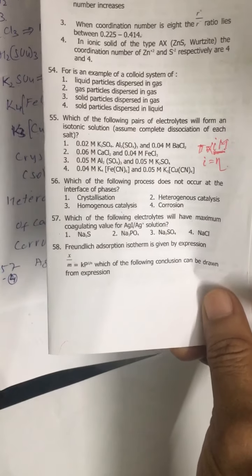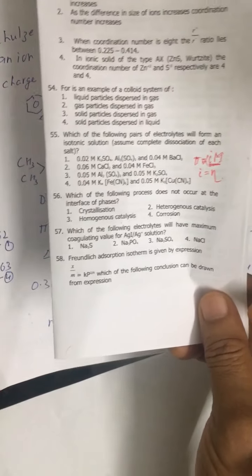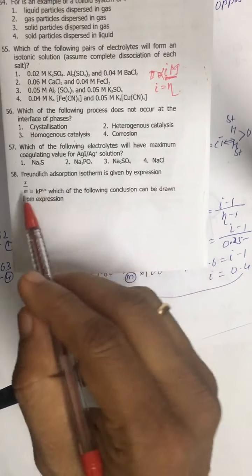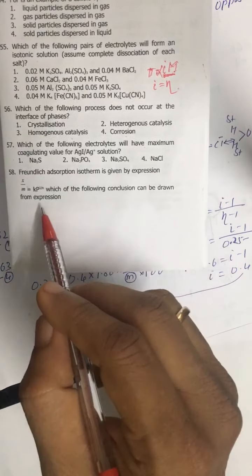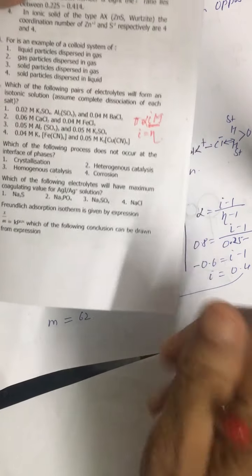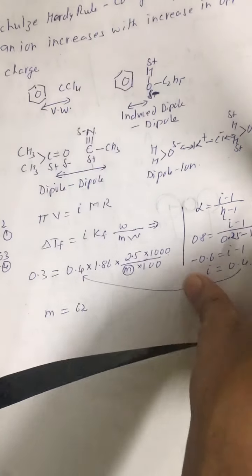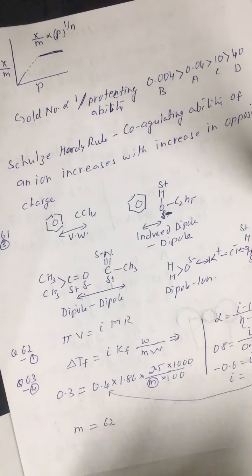Question number 58: Freundlich adsorption isotherm is given by the expression, which can be drawn from the expression. So the correct answer is the second option.